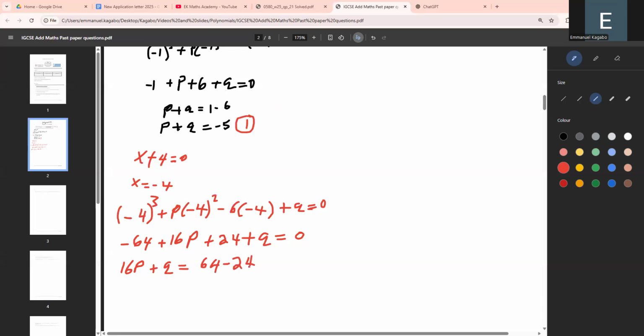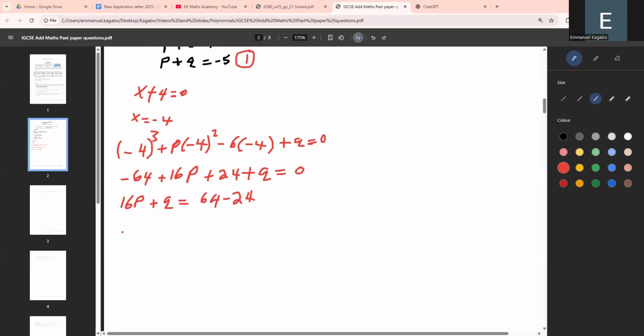I've taken everything without p and q to the other side of the equal sign, which gives me 16p + q = 64 - 24, not 240. Very good. Now, what do I get? I get 16p + q = 40. This is my second simultaneous equation, okay?